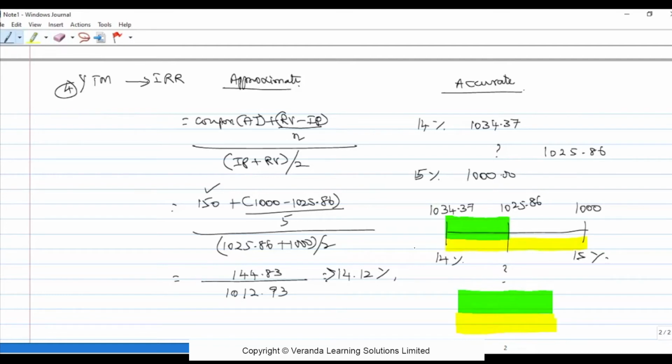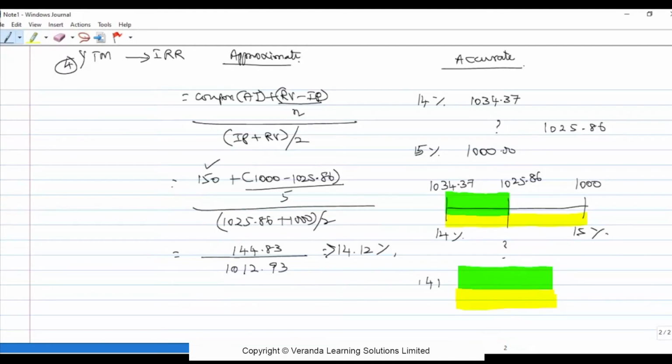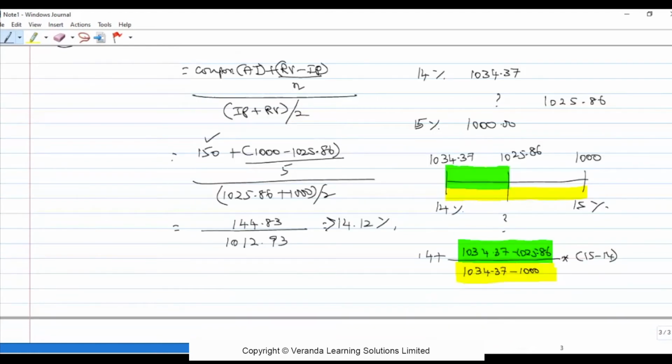How do we do that? It is 14 plus 1034.37 minus 1025.86, the whole divided by 1034.37 minus 1000, into 15 minus 14. So 1034.37 minus 1025.86 is 8.51, divided by 34.37.